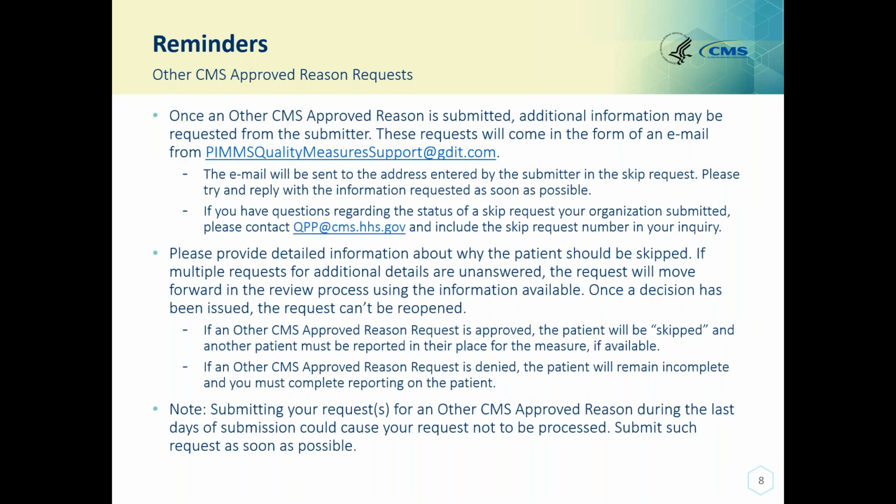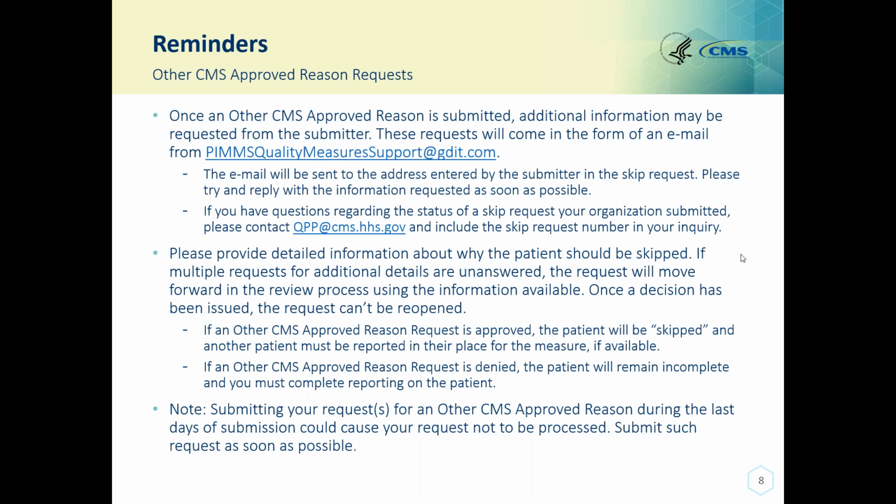Once you have submitted an other CMS approved reason request, additional information may be requested from you. If further information is requested, you will receive an email from PIMS Quality Measures Support at gbit.com. If the requests for additional detail are unanswered, the request will move forward in the review process using the information available.